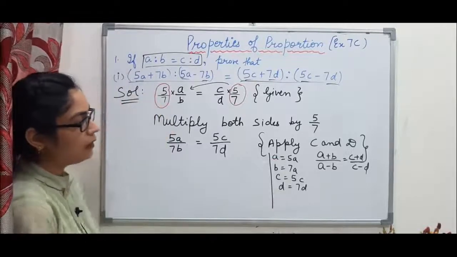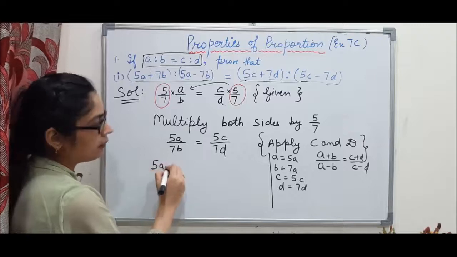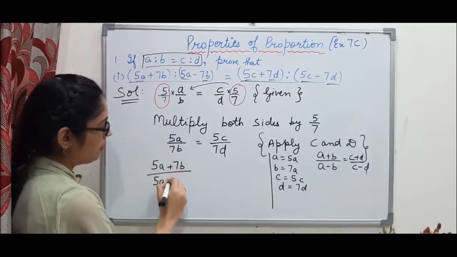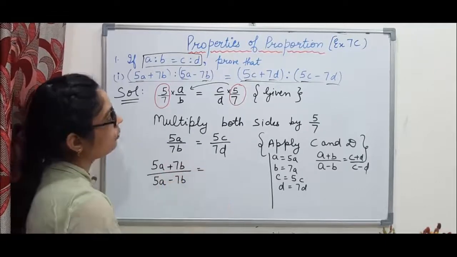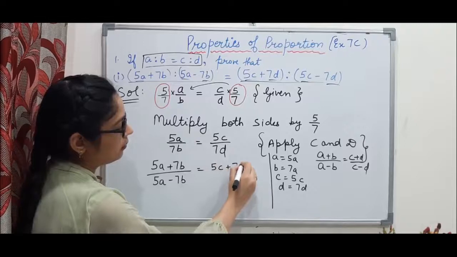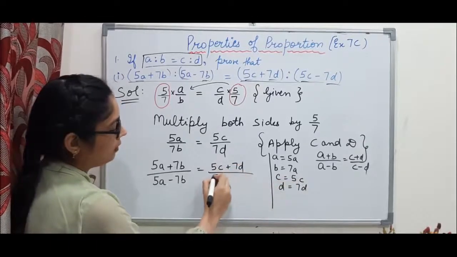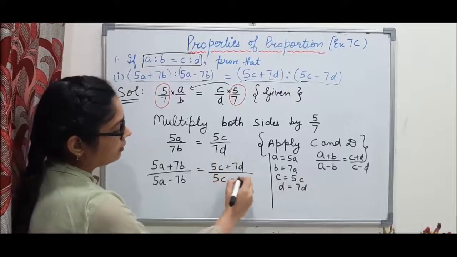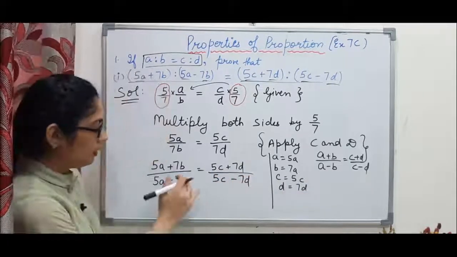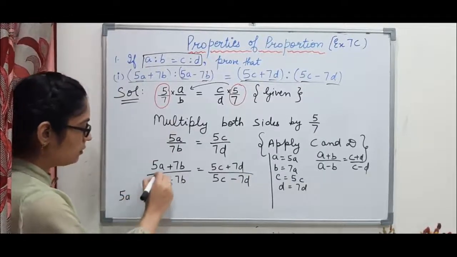Now let's apply a plus b. So a is 5a, b is 7b. So a plus b, a minus b, 5a plus 7b by 5a minus 7b equals to c plus d, 5c plus 7d, because c is 5c, d is 7d, by 5c minus 7d, c minus d. Now this we can write in this form also, because this means ratio only.